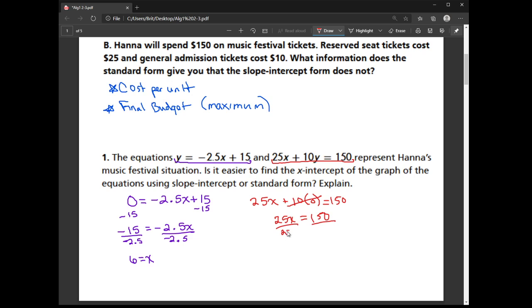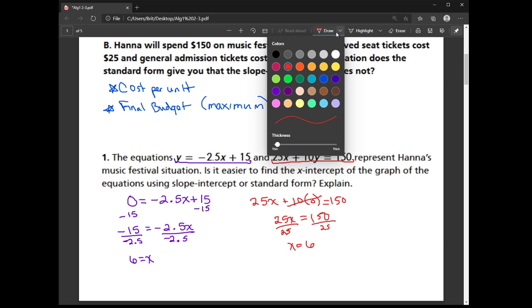And then I just divide by 25 and get x equals 6 that way. So do you see how if it's in standard form, it's one step shorter? A lot of students get to where they can actually find the x and y intercepts just using mental math if it's written in the standard form.